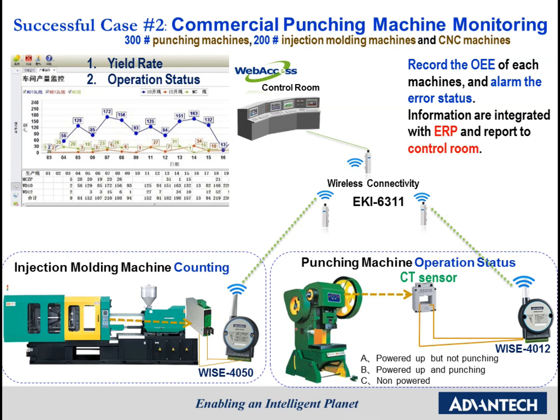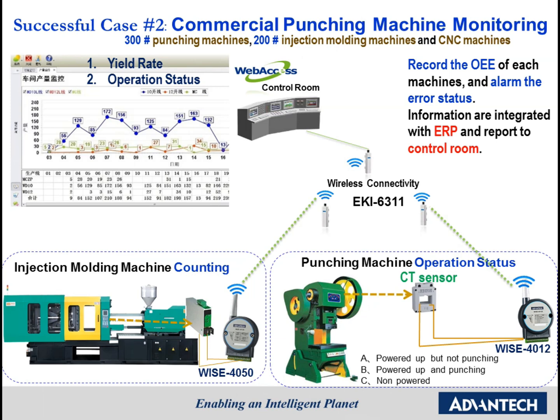So they use the WISE wireless series to collect the status from the machines and send it to the control room through EKI. Here are the key functions we provided. First, wireless connectivity reduces the effort and difficulty of wiring during production line change.